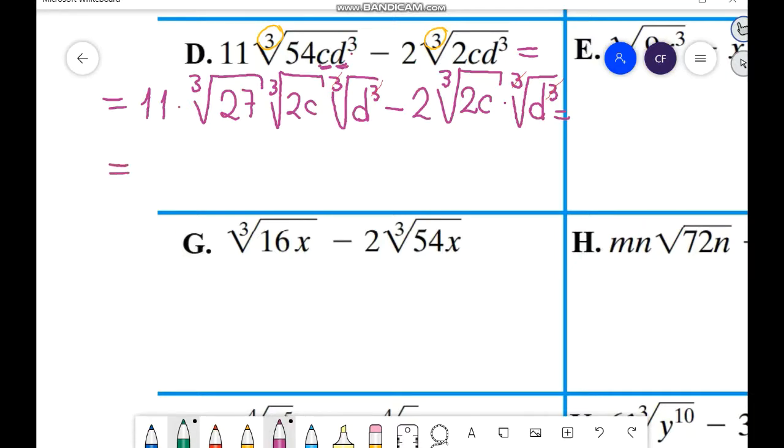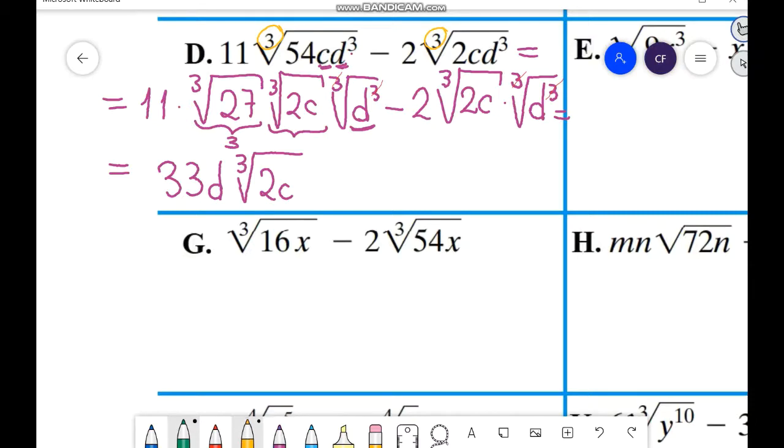Now we can write the cube root of 27 is 3. 3 times 11, 33, correct? 33. And we have this, the cube root of D cubed is D, and that I think is going to be the like radical, because we cannot simplify it.